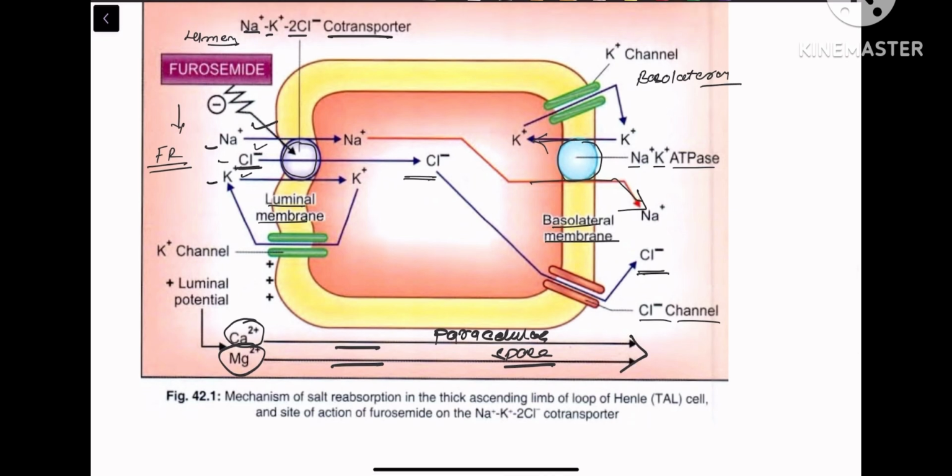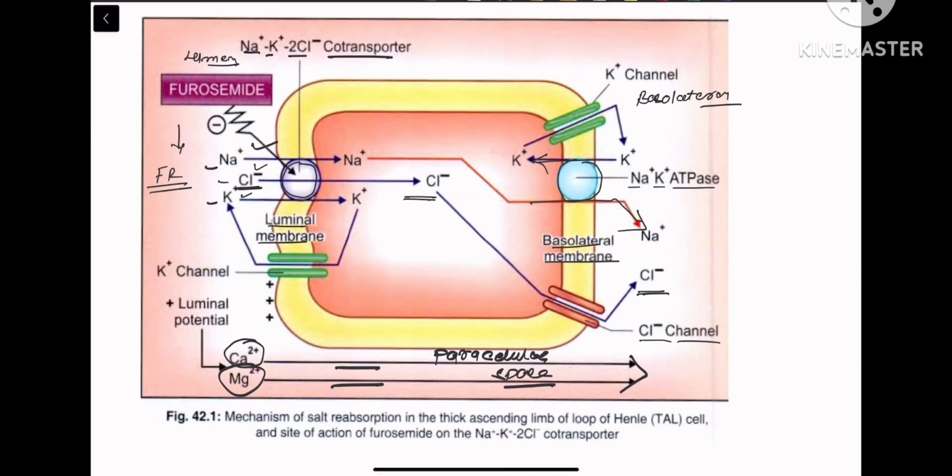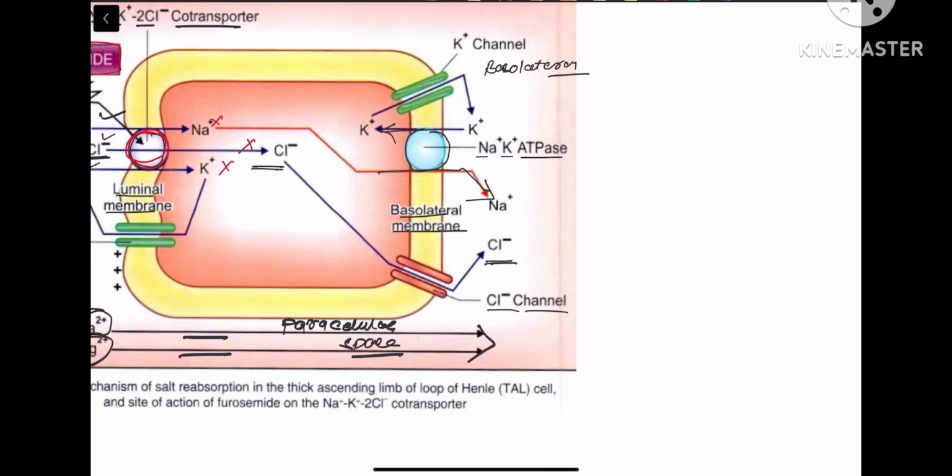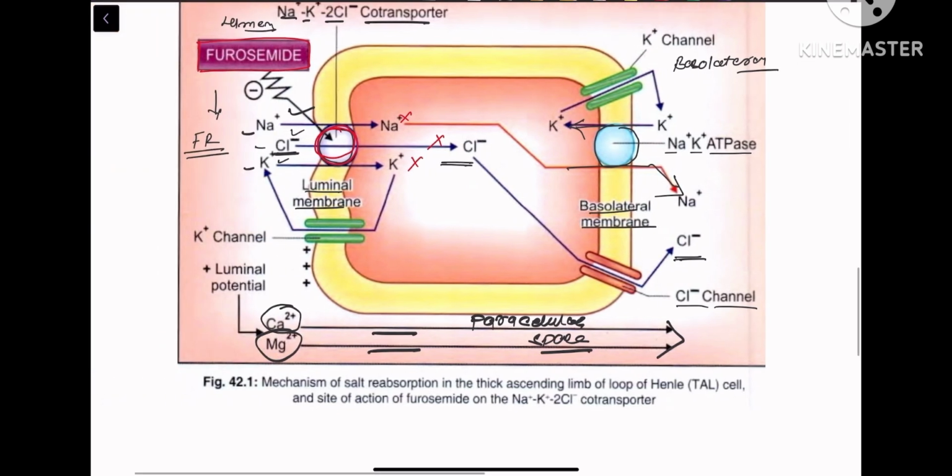Now we have the drug called loop diuretics. The example is furosemide, which inhibits this transporter and so inhibits transport of all these ions.